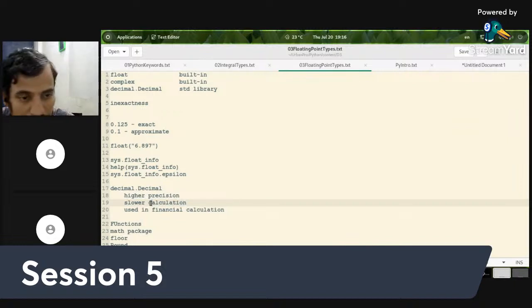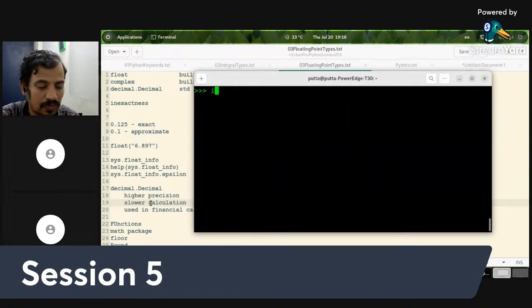When you are multiplying two decimal dot decimal numbers, it may take more time when compared to multiplying two float values. Where we use it: any scenario where precision is of more importance, we use decimal dot decimal in our computations. An example could be a financial calculation or a scientific calculation. Let's see how to use that.